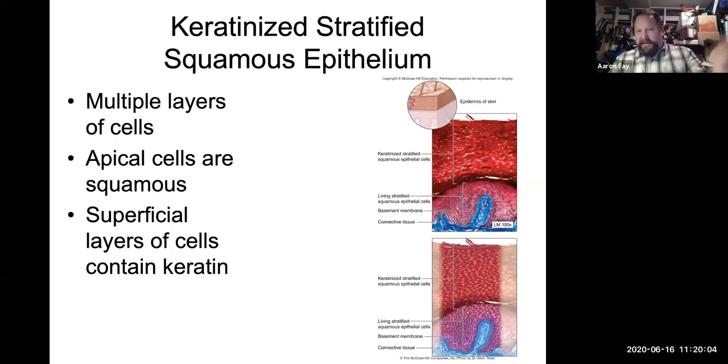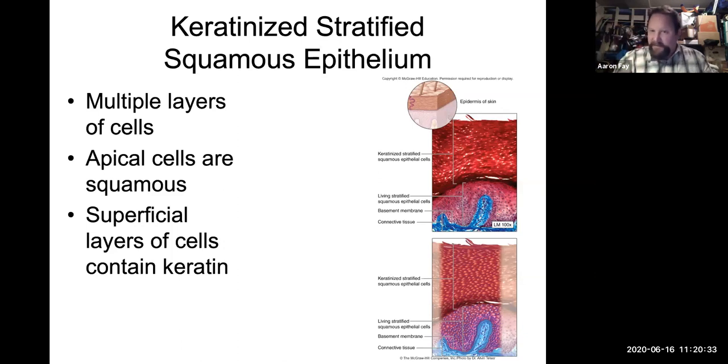So keratinized cells, many layers. These cells up here are all dead. The cells right here are in the process of dying, and these cells are in fact alive. And a separation between the pink and the blue, that represents the basement membrane. So this is actually a histological slide taken from skin from the palm of the hand or from the sole of the foot.